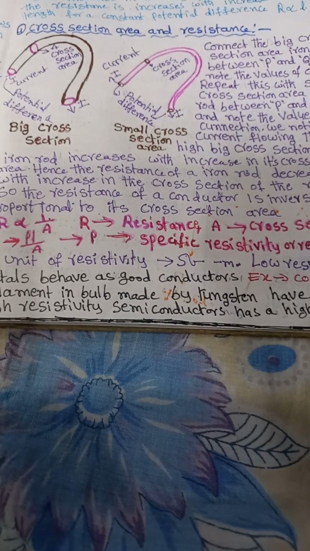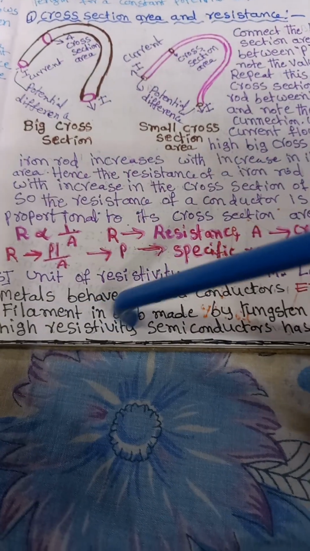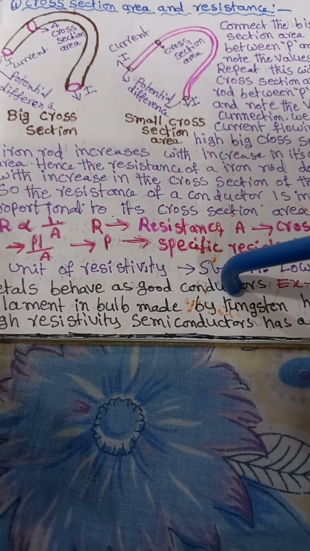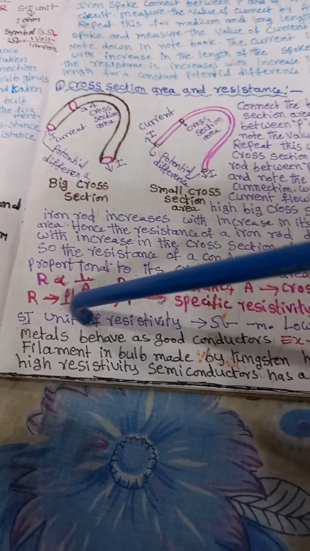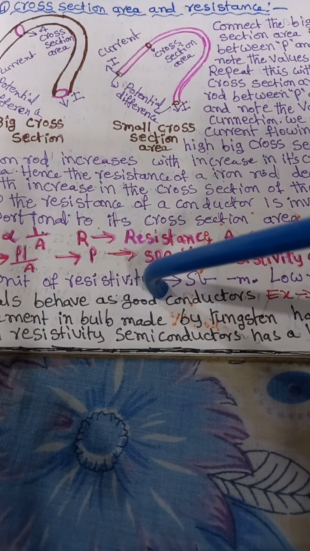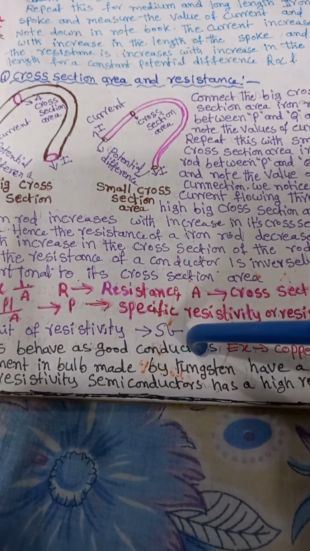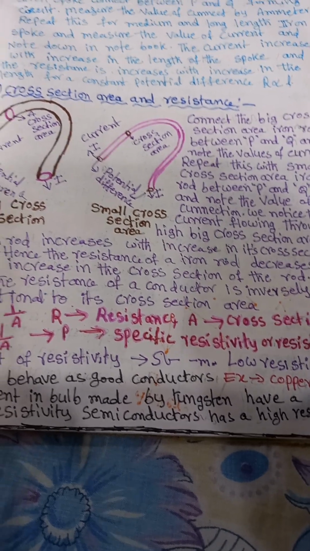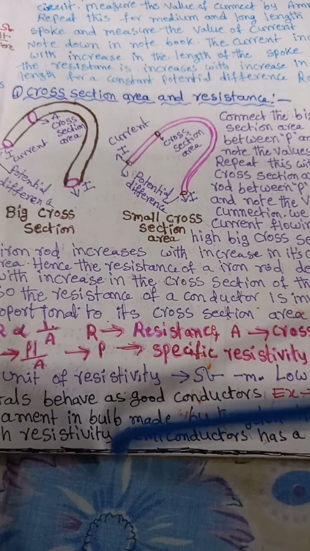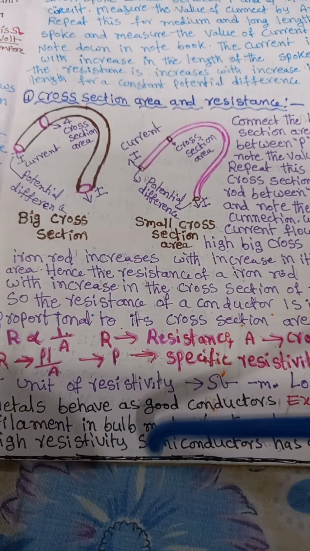Low resistivity metals behave as good conductors, for example, copper. The filament in a bulb is made of tungsten, which has a high resistivity. And semiconductors also have a high resistivity. So three types of materials are there.